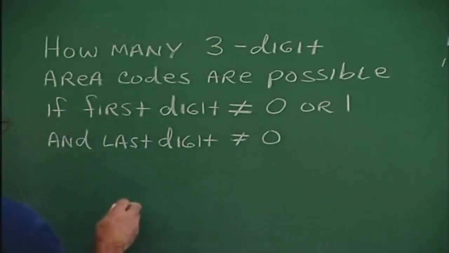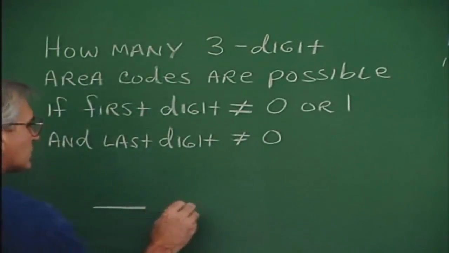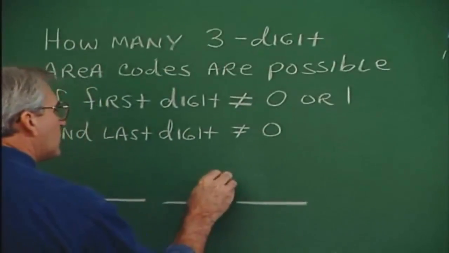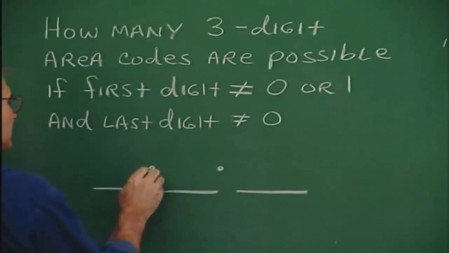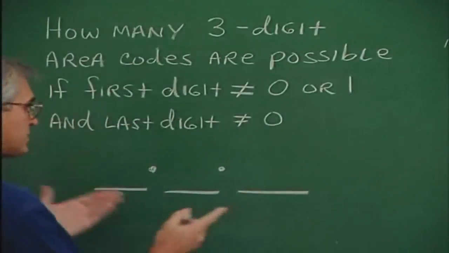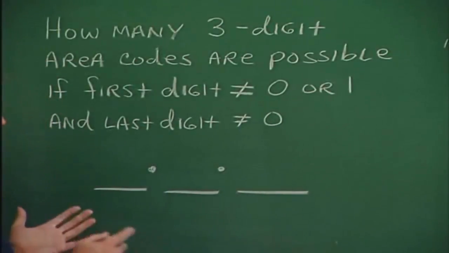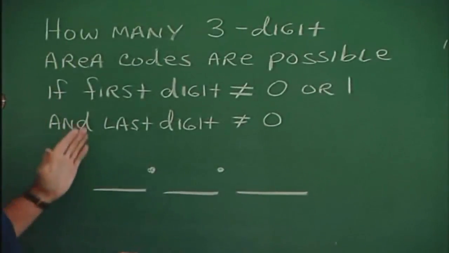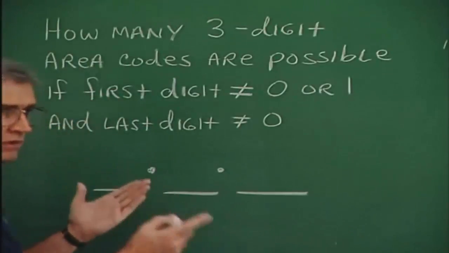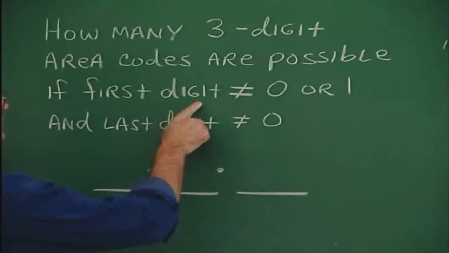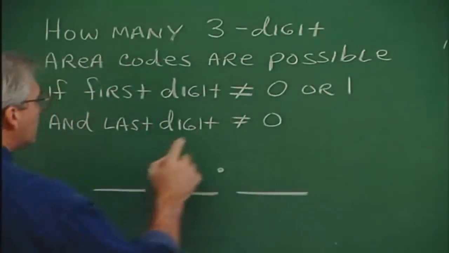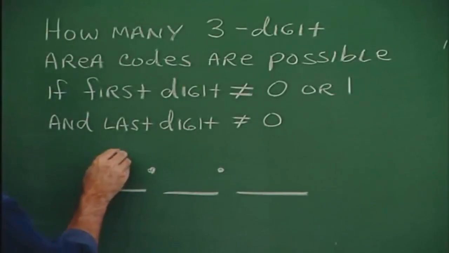Well, we have a 3-digit area code, and all we do is place a blank for each of the possible digits in the area code. Now let's just think about choices. How many digits are there? There are 10 of them. If the first digit, though, cannot be 0 or 1, then for this first digit we have only 8 choices.